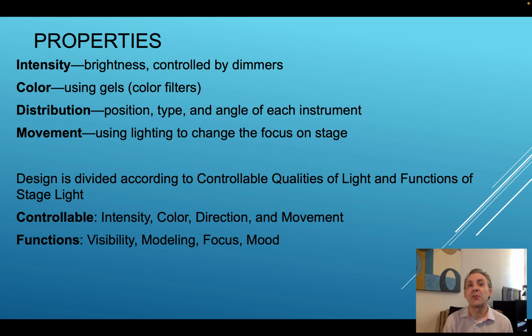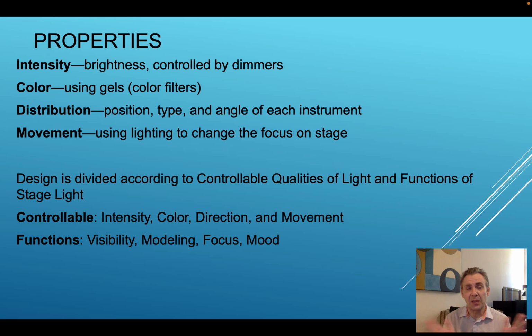Intensity refers to the brightness or the dimness of the light. And these are controlled by what we refer to as dimmers. You have a sliding switch that you can adjust to get however intense you want something, from 0 to 100%. And it goes in percentages.